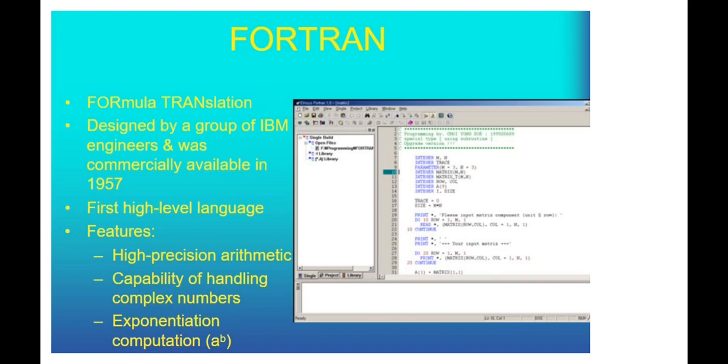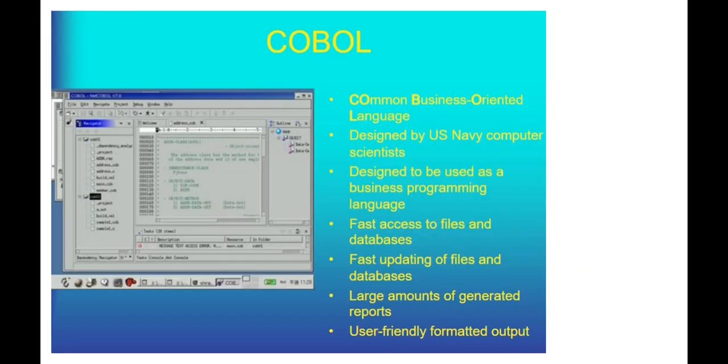As I said, it is working till now, especially in academia and at research centers. But it is not so easy to understand, and you need some special training to write programs in Fortran.